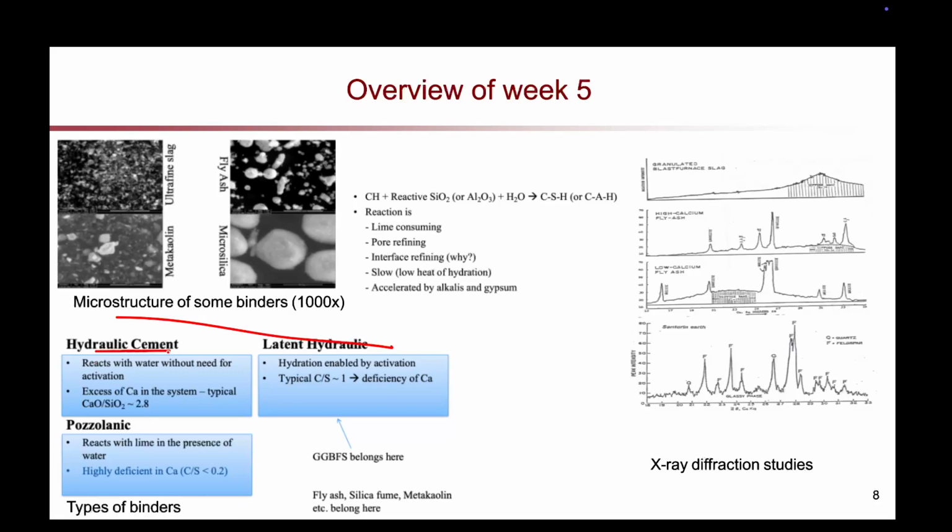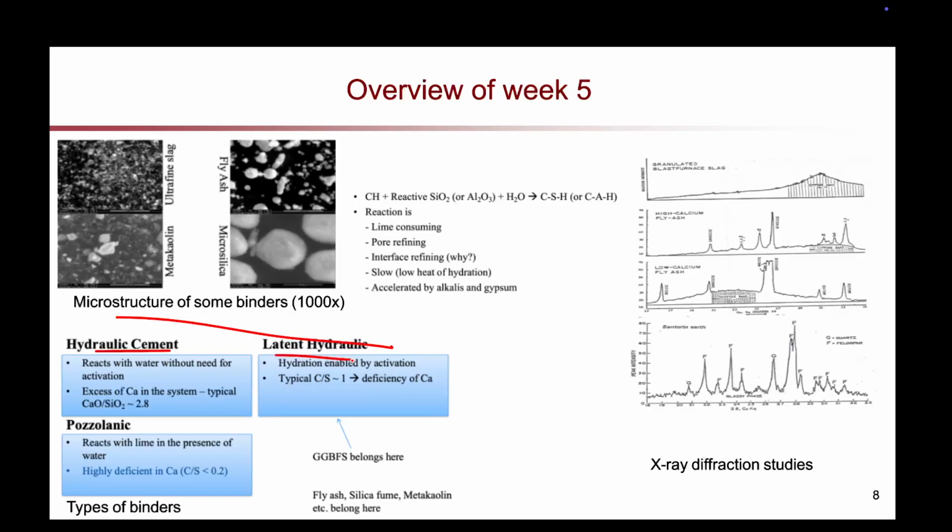Hydraulic cement means that if we are adding any SCM to the concrete, it should behave like a cement. When we add cement and water, there is a quick reaction between them. So if our SCM reacts with water without the need of any further activation, it is called a hydraulic type of binder.